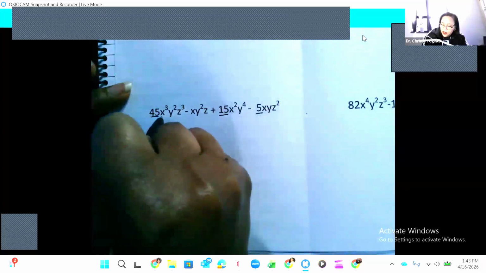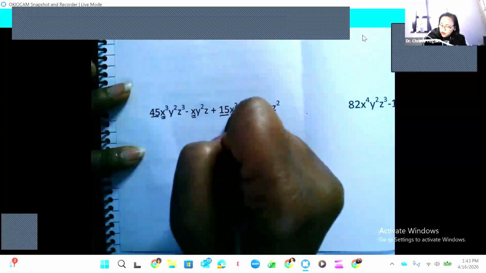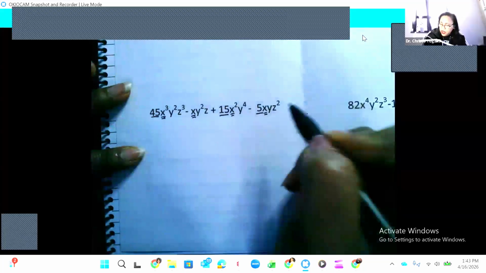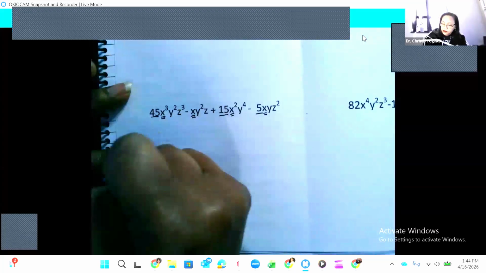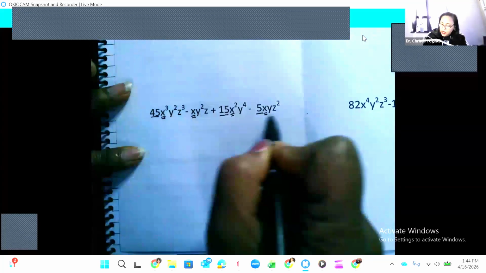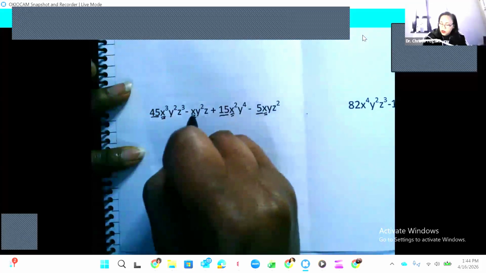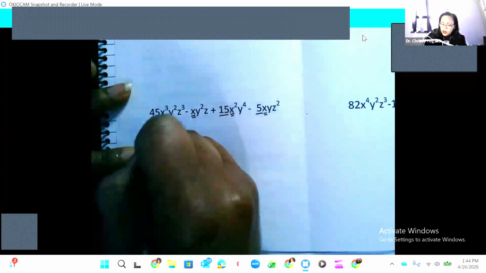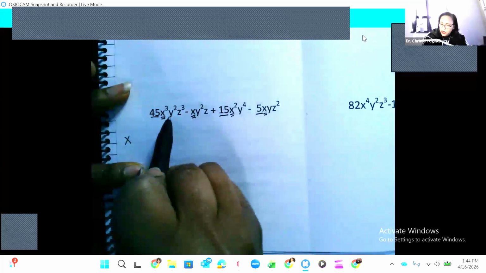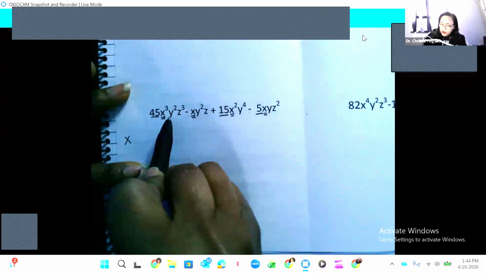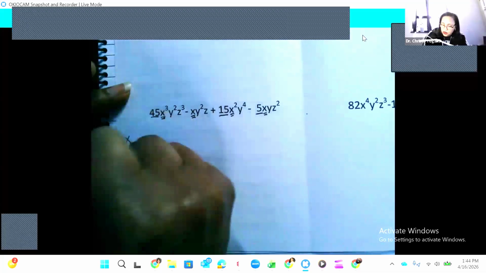But I can do double lines for X's. But every single one has X's, okay? And then you could do a triple line for the Y's, okay? So the only thing that I can pull out, the largest X is a 1 of the X's. So there's 1 here, there's 2 here, there's 3 here. So I'm going to pull out the X, and I can also pull out Y's. So let's see how many Y's I can pull out. There's 2 here, 2 here, 4 here, and 1 here. So I can only pull out 1.